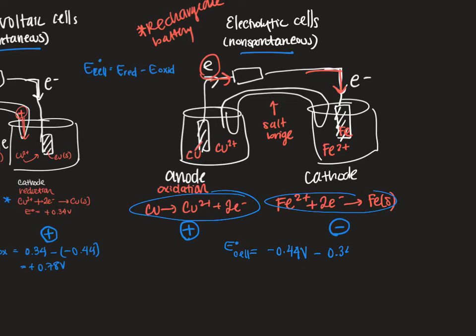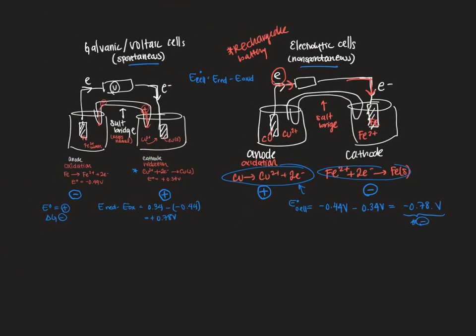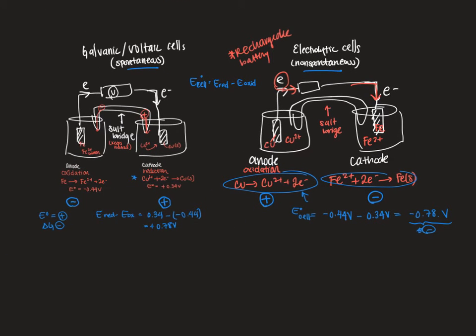Subtract that by 0.34 volts, which is at the anode, which is the ox, and that is going to equal negative 0.78. And that negative tells you it is non-spontaneous. So that's another key factor that's going on.